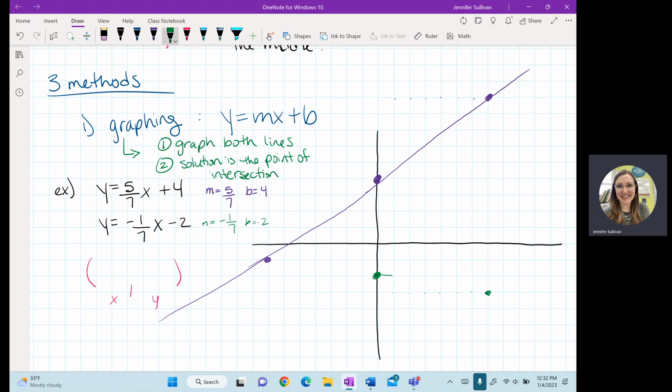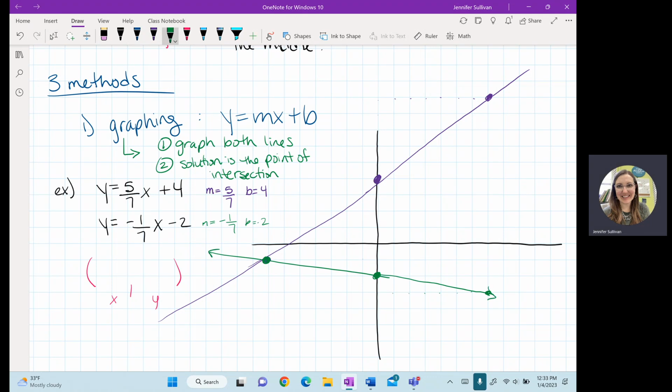And so my line can come this way, but clearly when I'm looking at this, my point of intersection is going to be somewhere this direction. So I'm going to go ahead and count the backwards: up 1, backwards 1, 2, 3, 4, 5, 6, 7, and voila, there's where they cross.